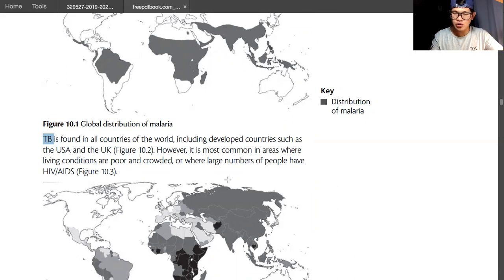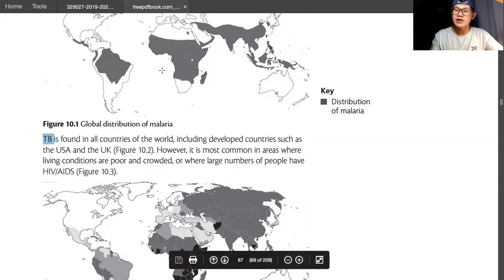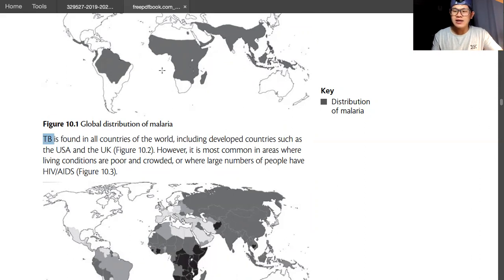Okay, so this is what you should be talking about. Whether it's rich country, kalau rich country, again, proper vaccination, high sanitation, and then have access to treated sewage, whatsoever. Okay, poor country, very crowded, and then poor sanitations, and therefore leads to increased spread of diseases. Okay, so those kind of things.